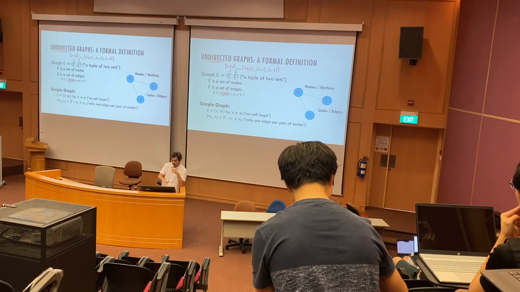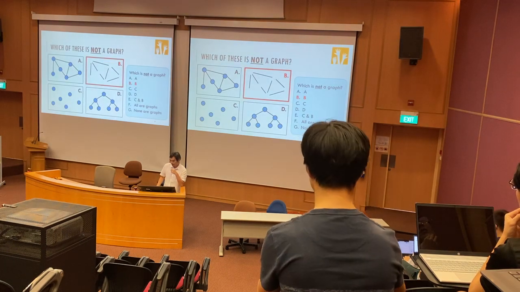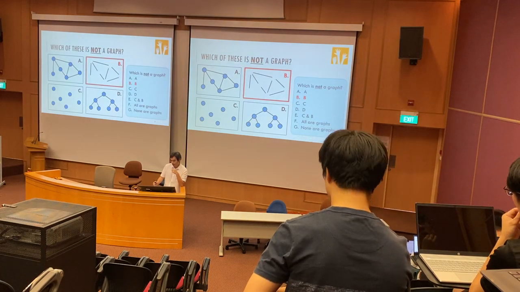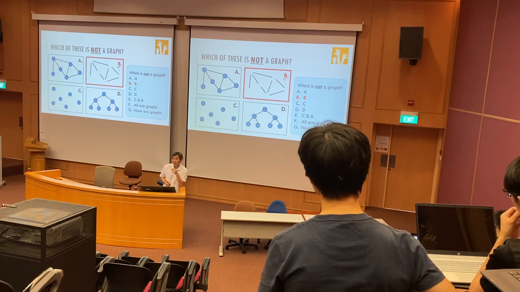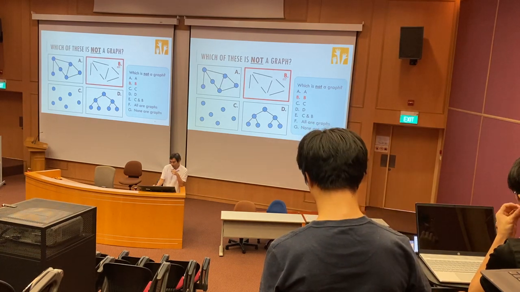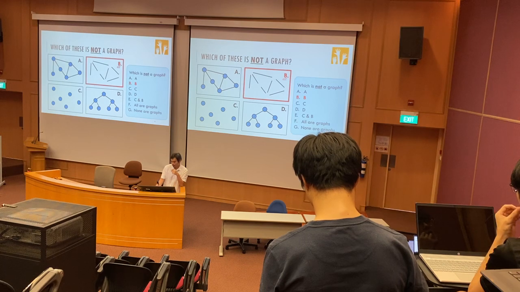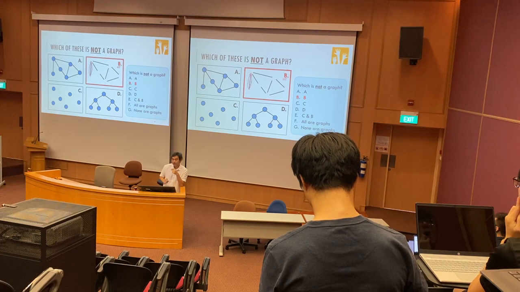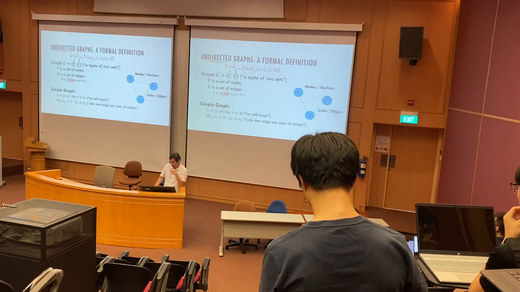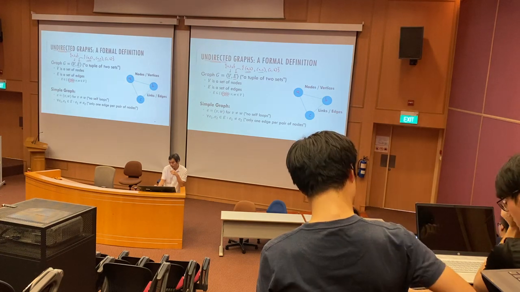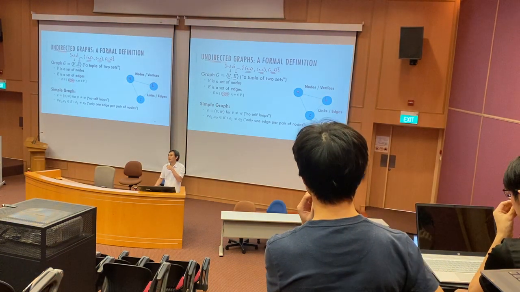Now from this definition, let's look back, and you can see that there is something wrong with B, because there are no nodes. There's really no way to define an edge, because your edges are defined in terms of nodes. If there are no nodes, there's no way to define these edges.